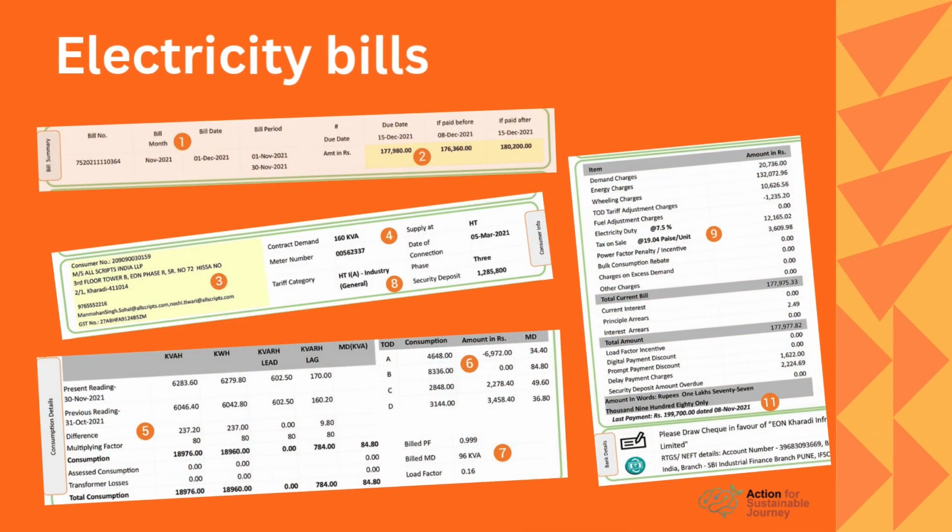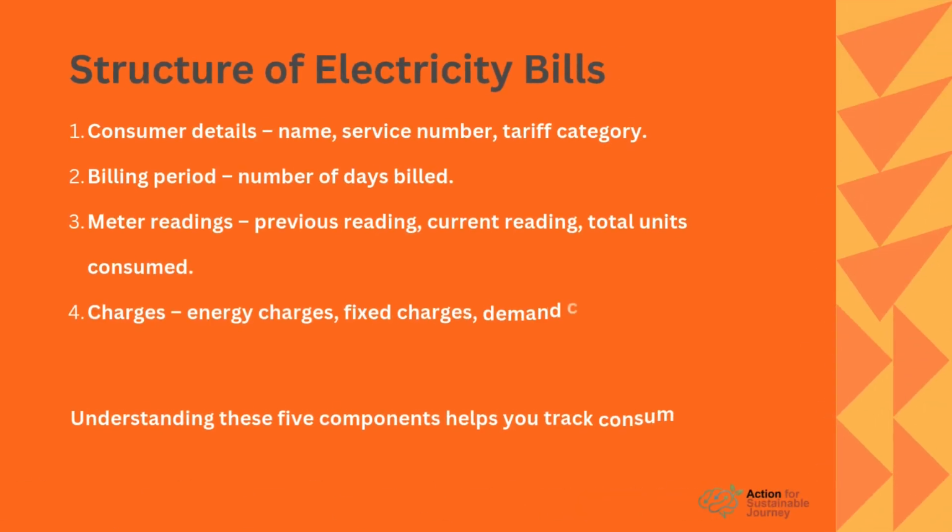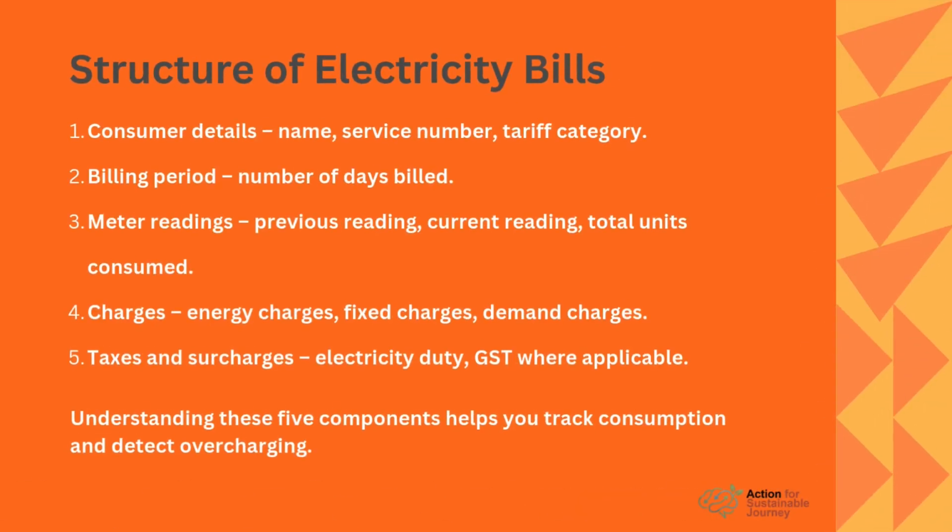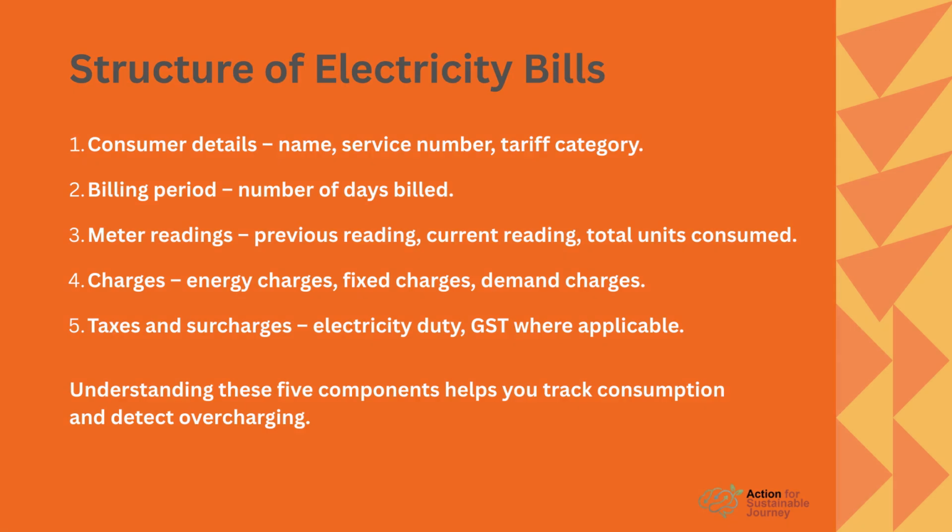Electricity bills typically follow a similar structure across states. They contain, first, consumer details like name, service number, tariff category. Second, the billing period, the number of days the bill is for. Third, the meter readings like previous reading, current reading, and the total units consumed.